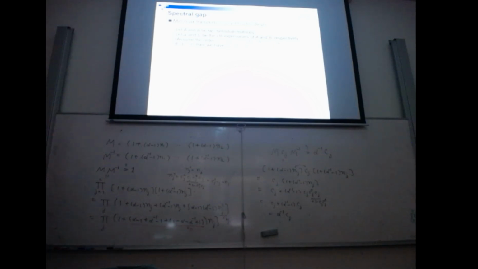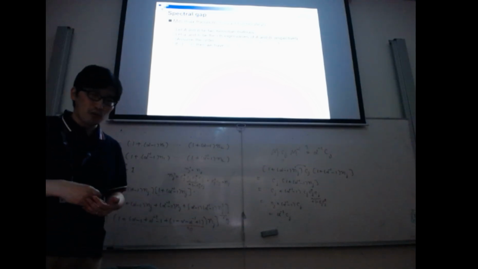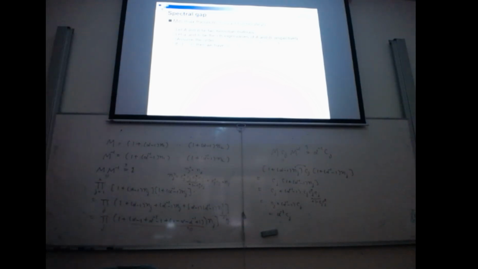But in the interacting case, it's quite non-trivial because the band theory doesn't work now. But you can prove the gap for the frustration-free case. And here I want to use this mathematical theorem called the minimax theorem or minimax principle. So let me explain what it is.